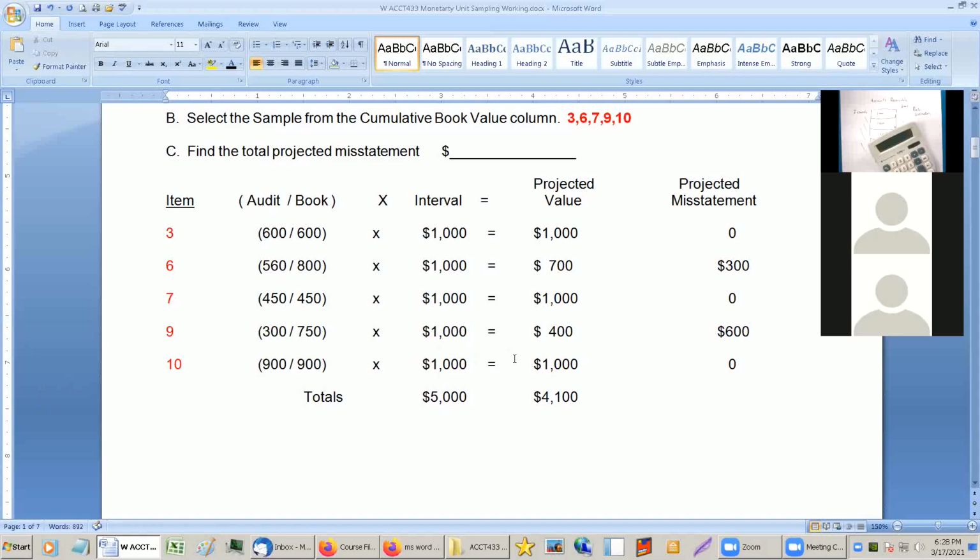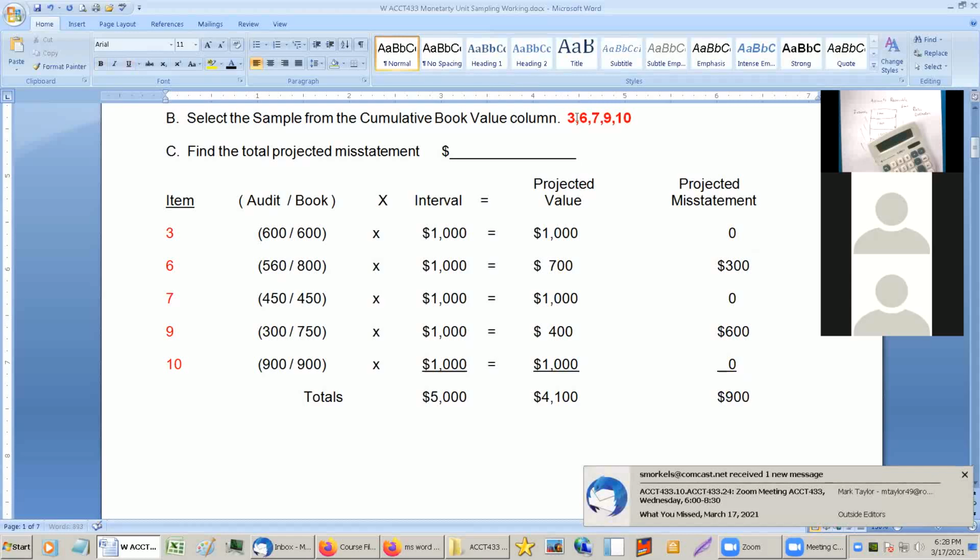Yeah, it's going to be 4,100. So projected misstatement is 900.